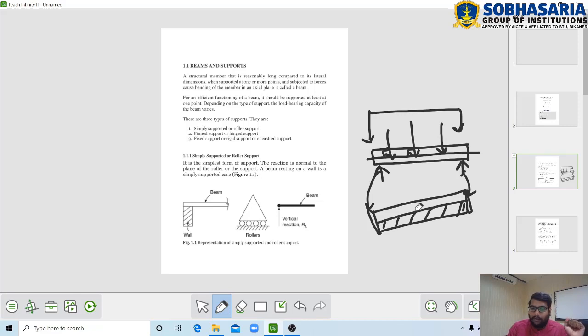So from here we know that the beam takes the forces along its transverse direction. It means after loading, the beam will deflect.